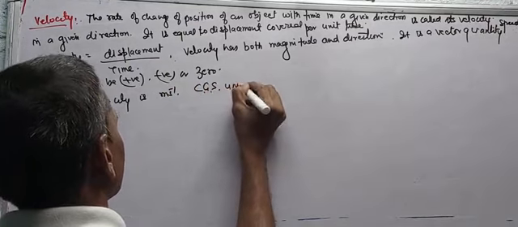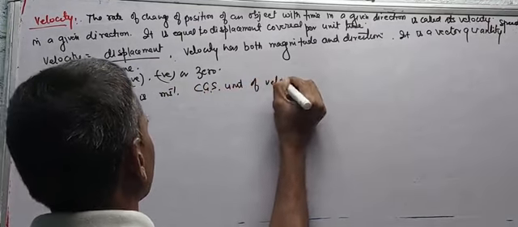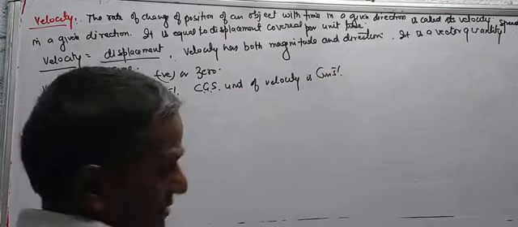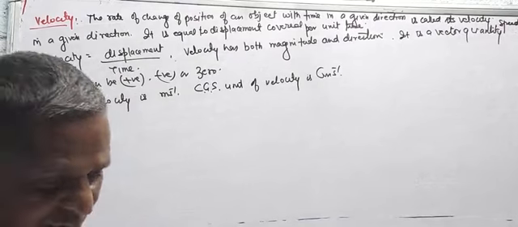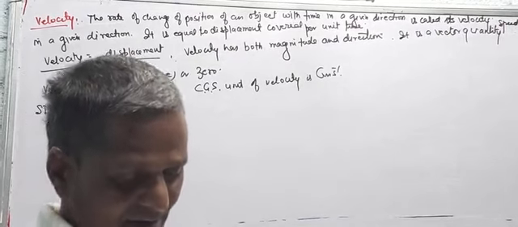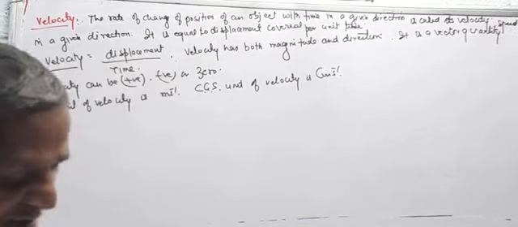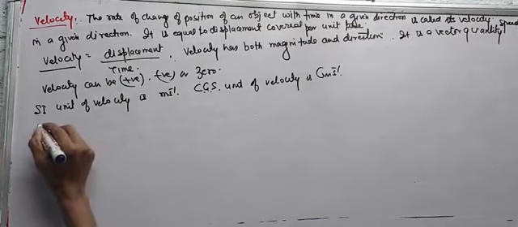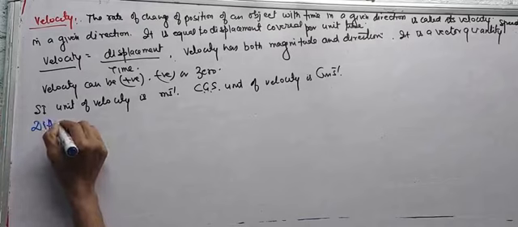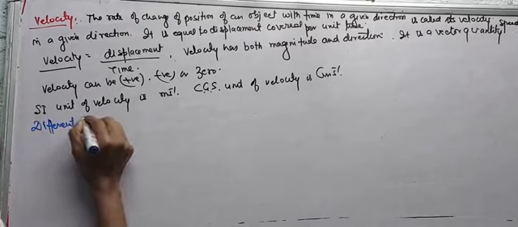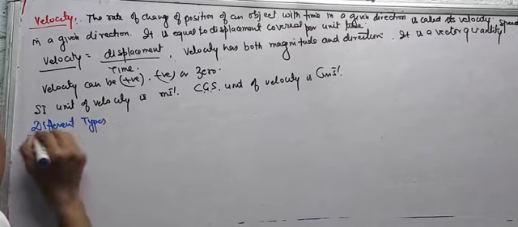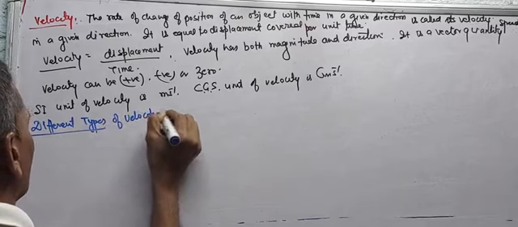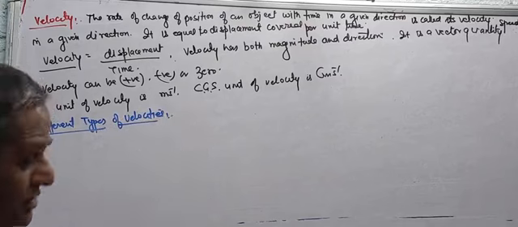CGS unit of velocity is centimeter per second. Now we will define different types of velocities.